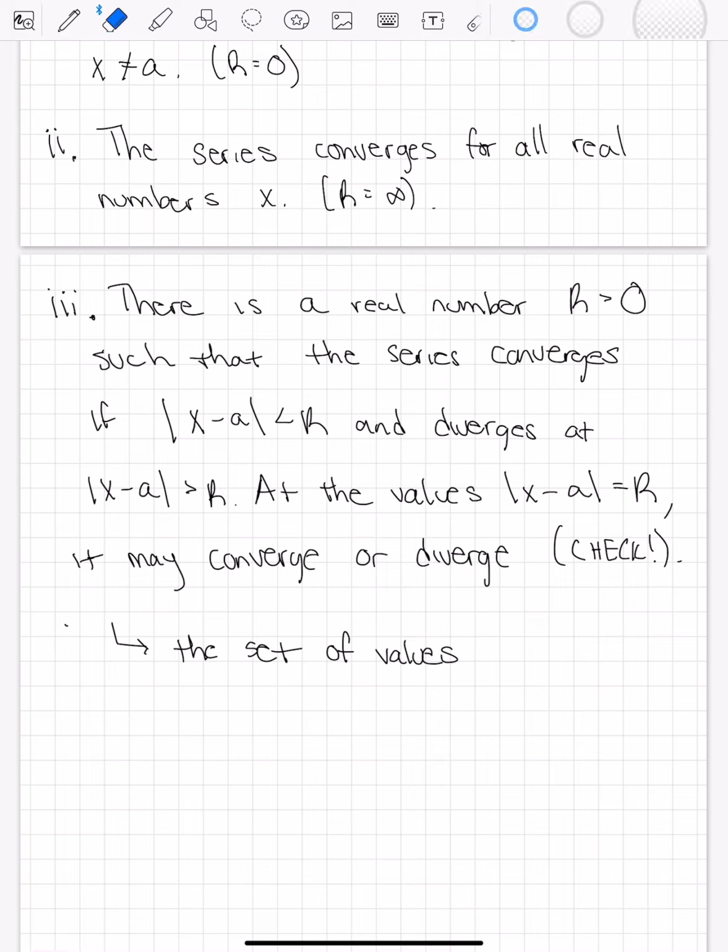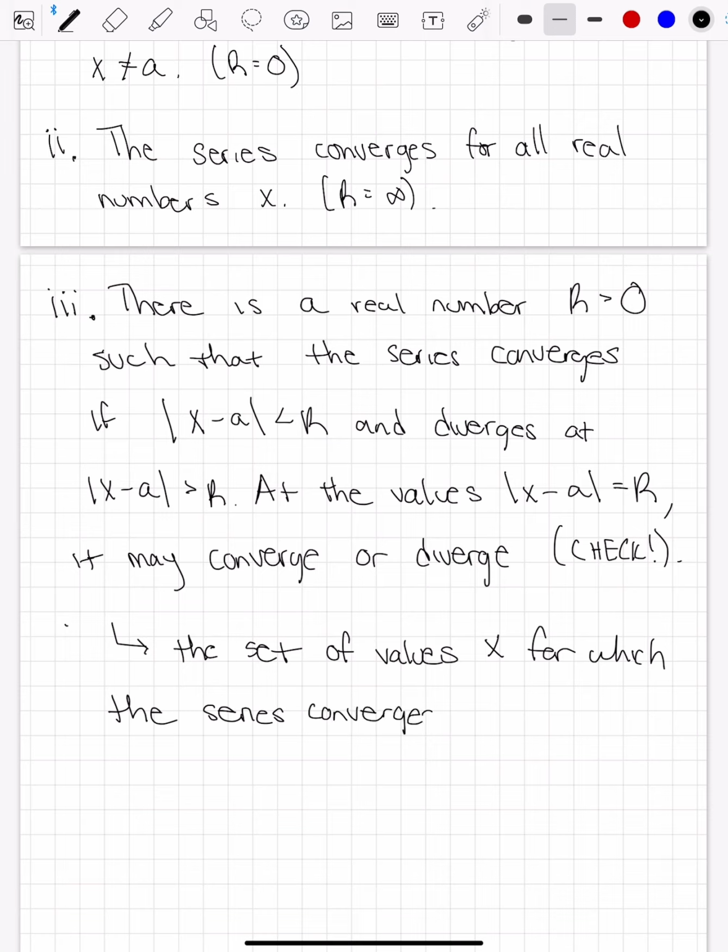But so the set of values x for which the series converges is known as the interval of convergence.